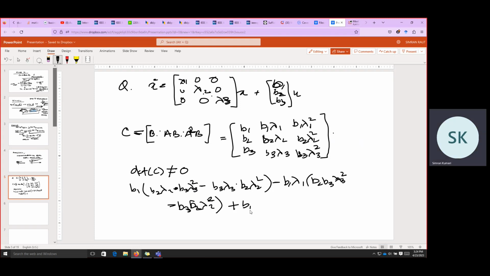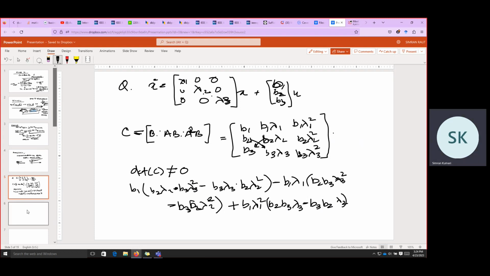Then we have B1 lambda 1 square. Cross multiply these two, we have B2 B3 lambda minus B3 B2 lambda 2.